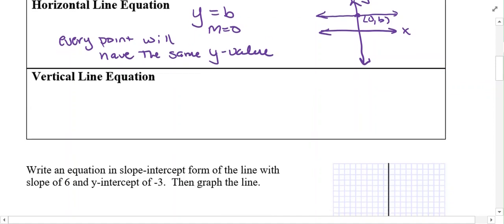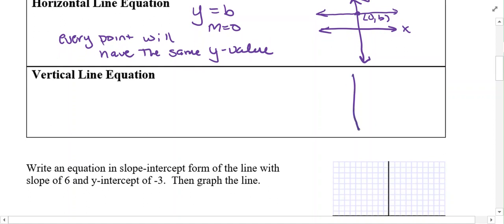The vertical line equation: let this be our y-axis and this is our x-axis. We'll have it intercept the x-axis at a point, let's call it (c, 0). Our equation would be x equals c.